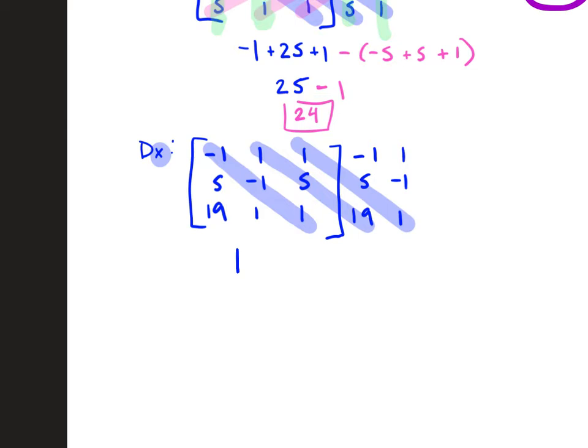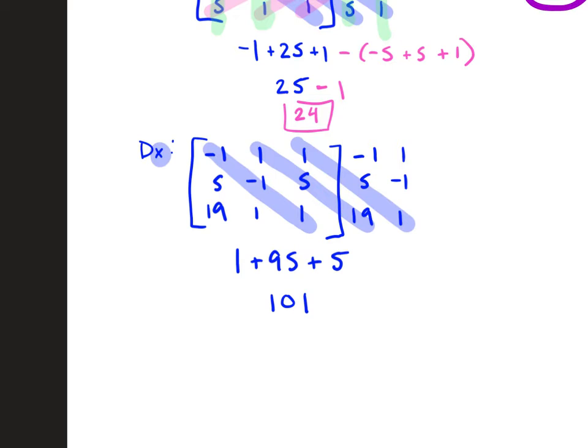Then 1 times 5 times 19, 95. And 1 times 5 times 1 is 5. So our sum of our majors is 101.